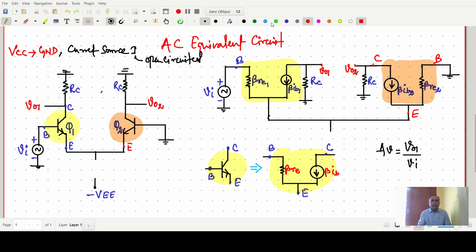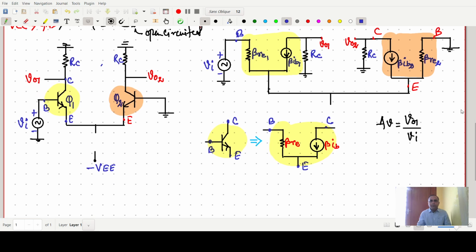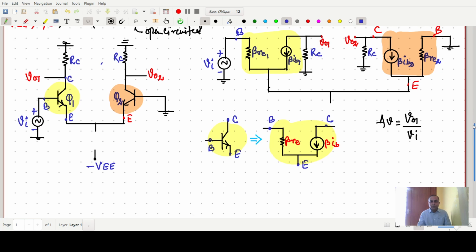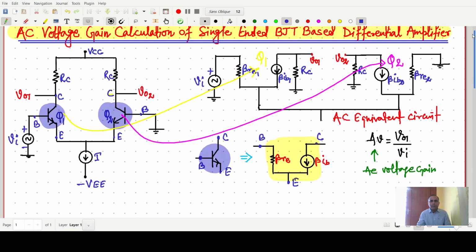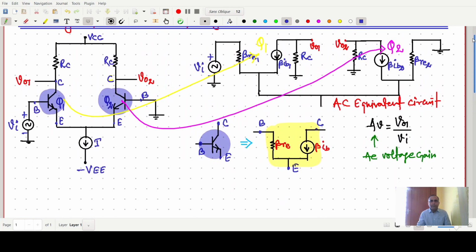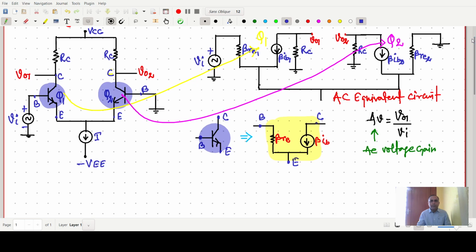Now what we have to do is find the gain AV, the voltage V naught upon VI. One thing we can say is V naught 1 from this circuitry. I am going back to this diagram. V naught 1 is nothing but some current flowing like this, through the resistance, from the negative side of V naught 1.